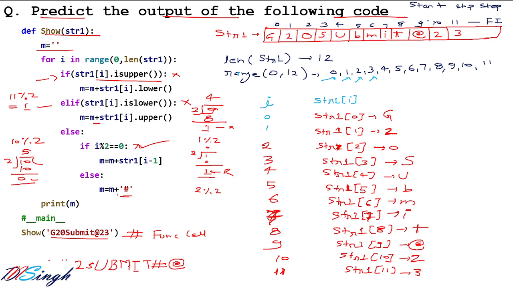So it will go to the else part, and in place of 3, it will put hash. Okay, so this is the output, and let us see the output for this particular question. Small g has to as small s, capital U B M I T, has at the rate has. So that is the output for this particular question.